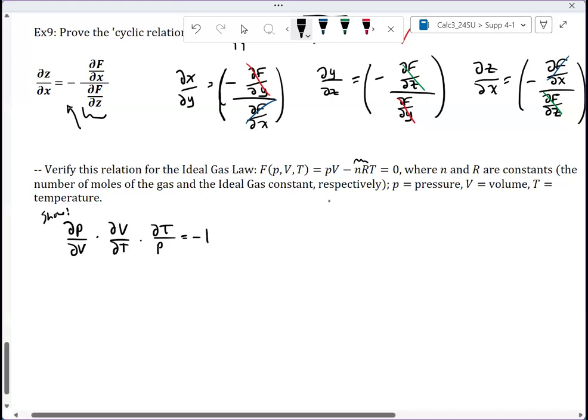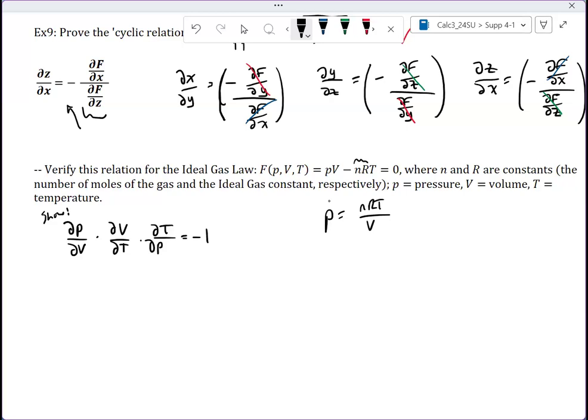So if I look at partial of P with respect to V, I'm thinking of V and T as the independent variables and P as the dependent. The nice thing about a fairly simple function like this, even though it's written implicitly, is that it can pretty easily be solved explicitly for anything we need. So we can write P explicitly as a function of the independent variables T and V, like this.